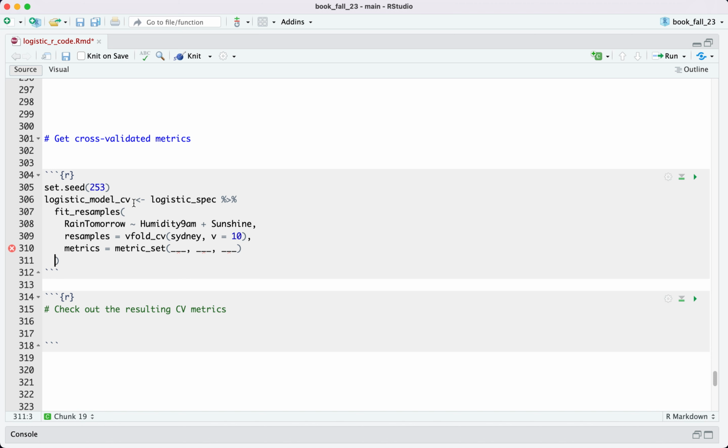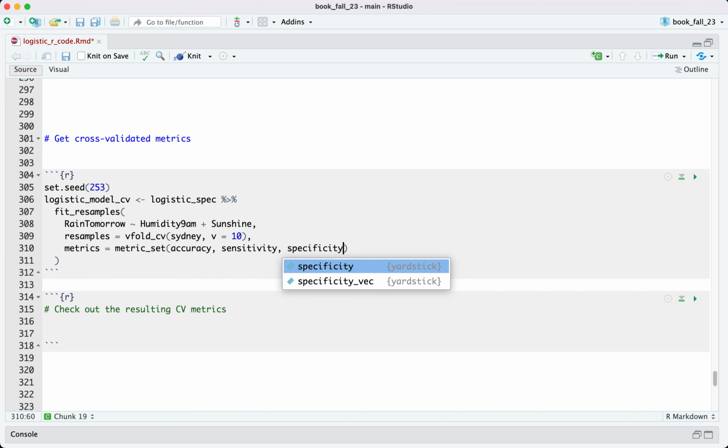So this is where this code starts to differ from the same exact code that we used in least squares. The only difference here, besides the algorithm that we pipe in, are the metrics that we calculate. So here we can specify that we want to calculate the overall accuracy, sensitivity, and specificity. Takes some practice spelling those words.